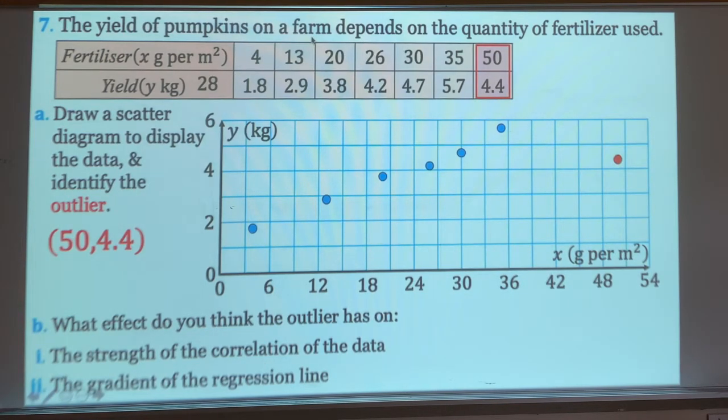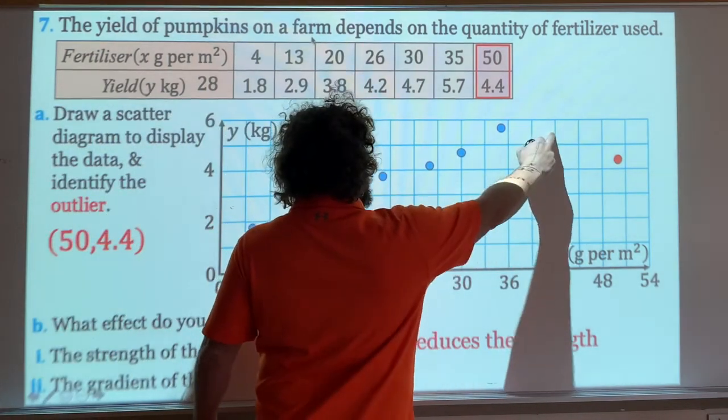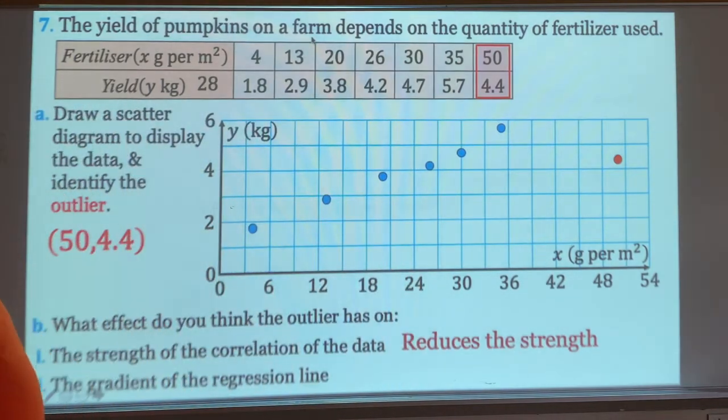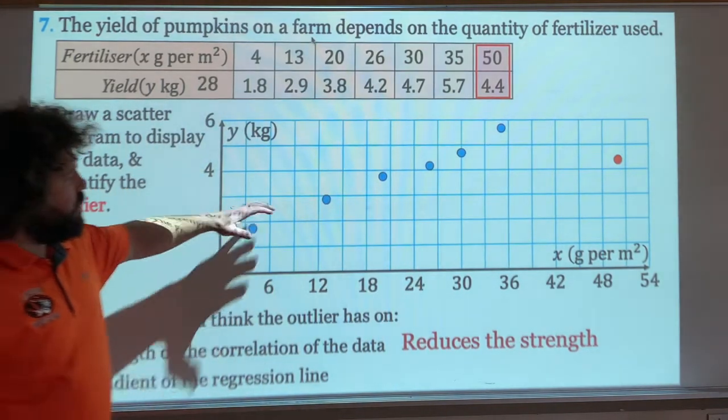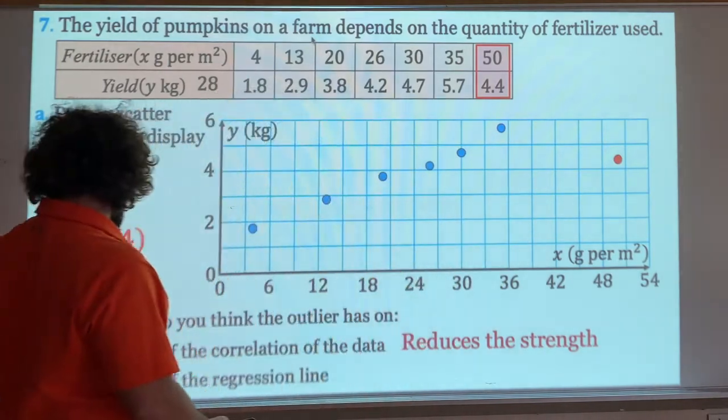Number 1. What do you think though? It should reduce the strength, okay? Because this is out here, it messes up my gradient, okay? So what it does is it reduces the correlation coefficient because you have more of these guys now a vertical distance farther away from the regression line.